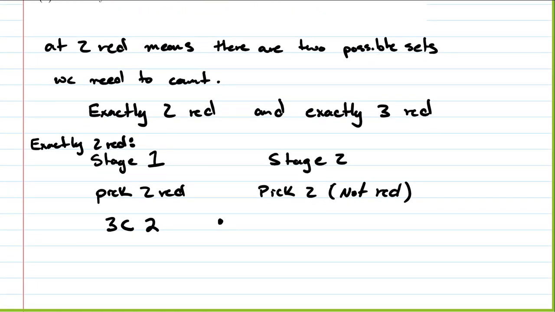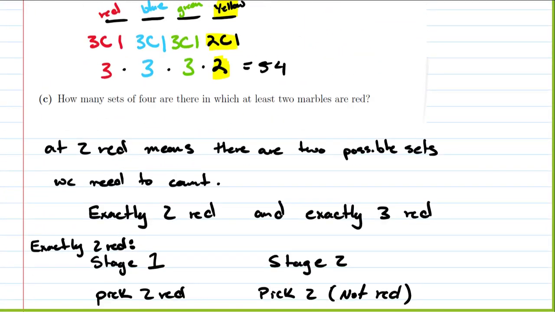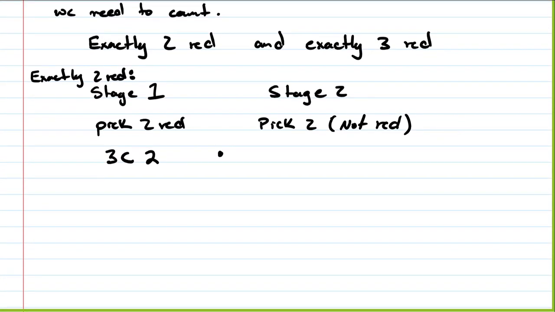So how many not red marbles are there? 8. And I need to pick 2 of them. So there's going to be 8 choose 2 ways to pick 2 not red marbles. So if I pick 2 red and 2 not red, that gives me a set with exactly 2 red.